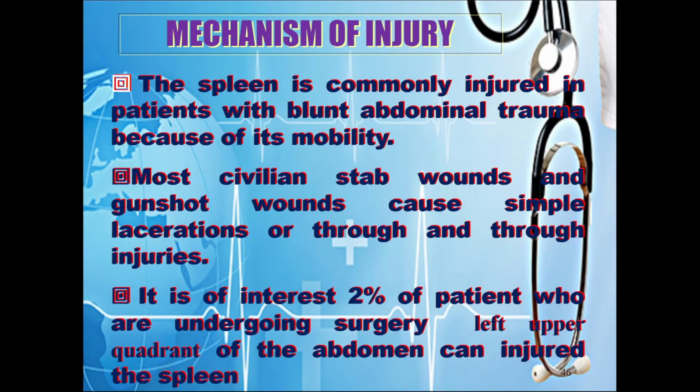It is of interest that in 2% of patients undergoing surgery in the left upper quadrant of the abdomen, the spleen can be injured intra-abdominally. If we take into account how many operations are performed each day, hundreds and hundreds, 2% is rather high.